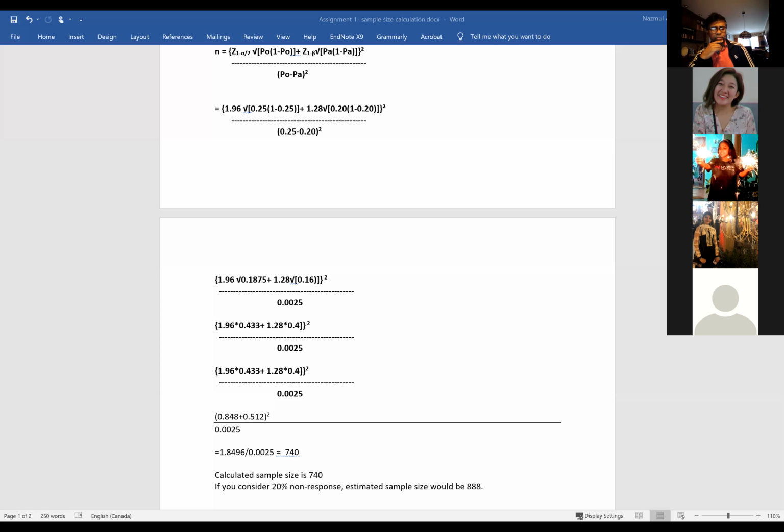With the non-response rate, because when you write a research proposal, this is still the planning stage, so you don't know the exact rate of non-response. That's why we arbitrarily consider just 20%. This 20% can vary when you actually do the data collection, but when you write a research proposal, just consider 20% as non-response. Okay, thank you.